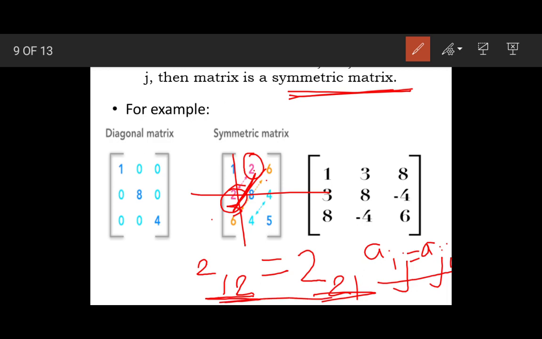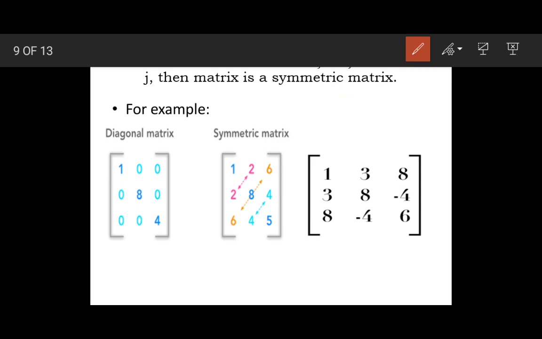But this should hold for all i and j. That means for all numbers, not only a single pair, but for all pairs, aij is equal to aji. So let's check. 2 is clear. Now see the position of 6. Position of 6 is first row, third column, and that should be equal to 6 at third row, first column, right.